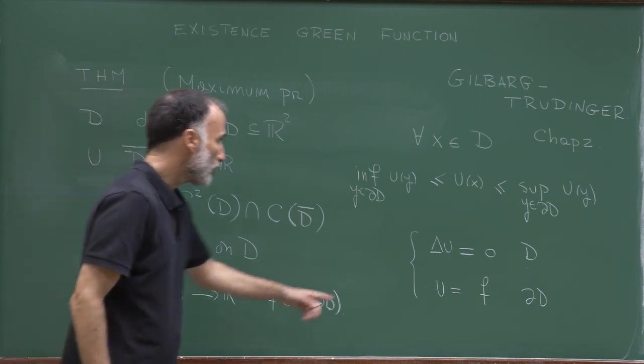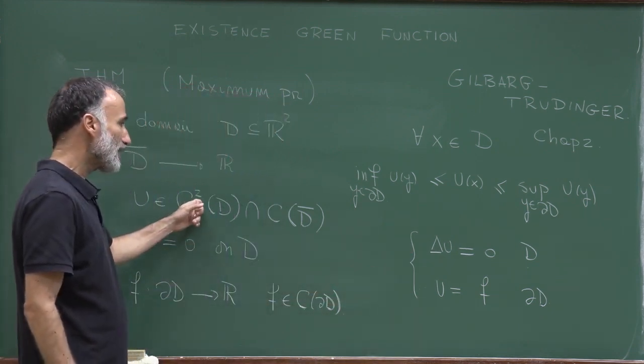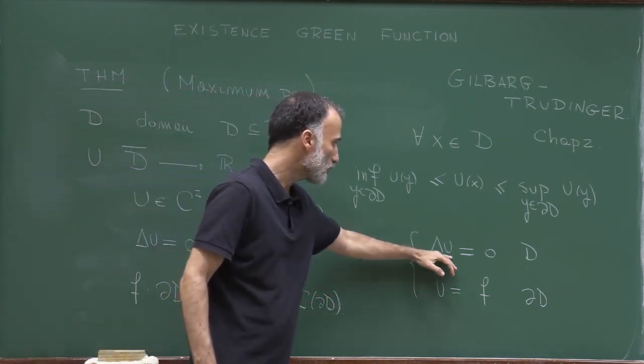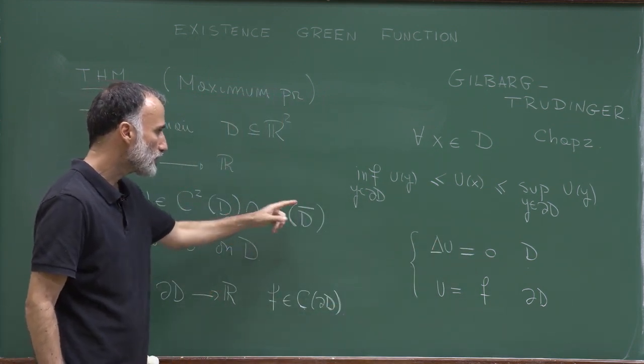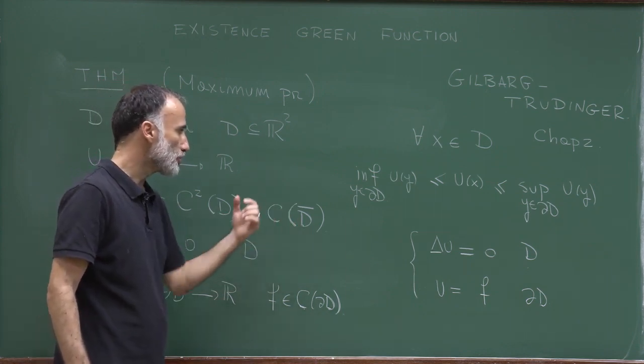And now I'm looking for a function u which is of class C2, so that the Laplacian of u makes sense. So it's of class C2 in D, and which is continuous in the closure of D.